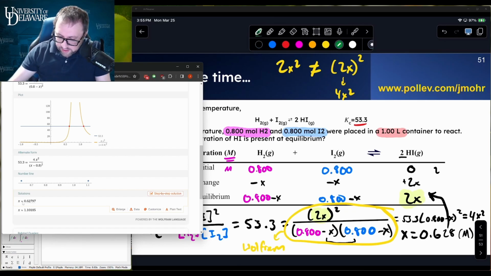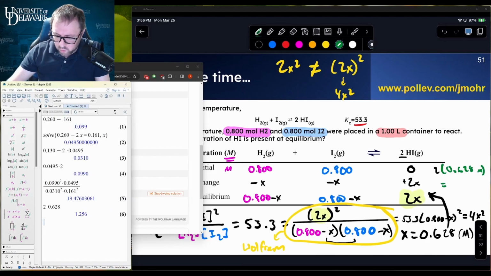So 2 times 0.628 molar is going to be 1.26 molar. All right, and that's our equilibrium concentration of HI.